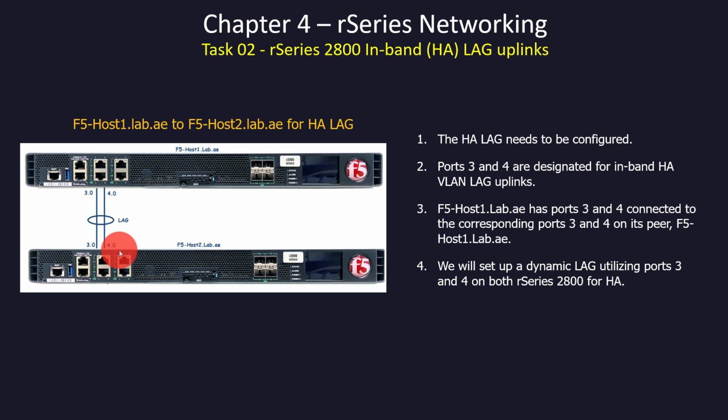We have connected ports 3 and 4 between F5 host 1 and F5 host 2. Now, we have to log into rSeries host 1 and host 2 and configure the HA VLAN LAG, verify the physical port status, and verify the LAG status.